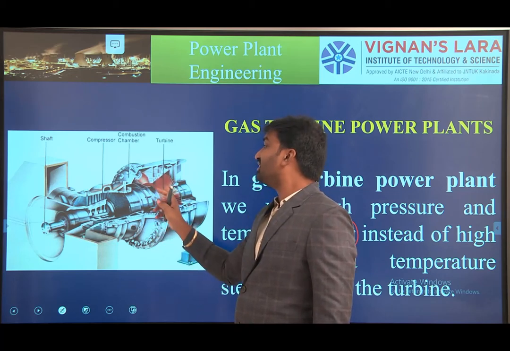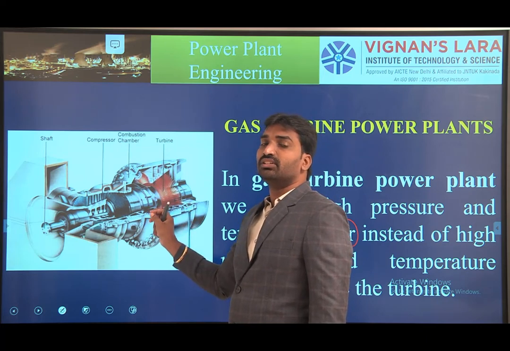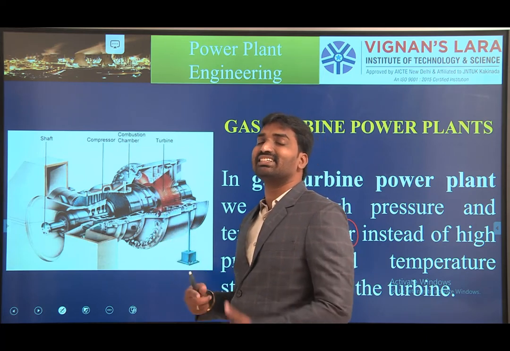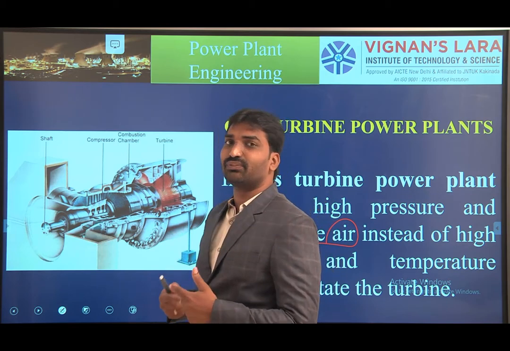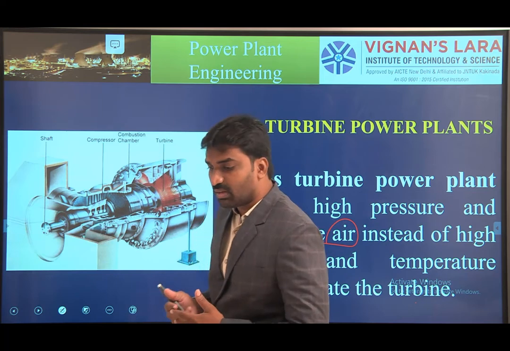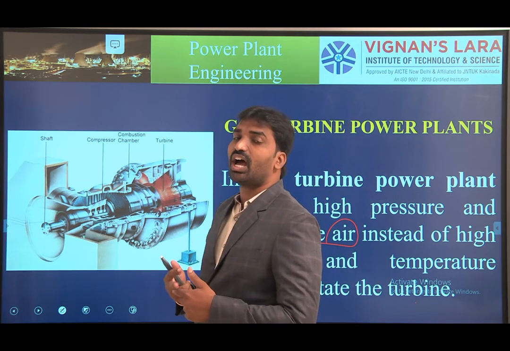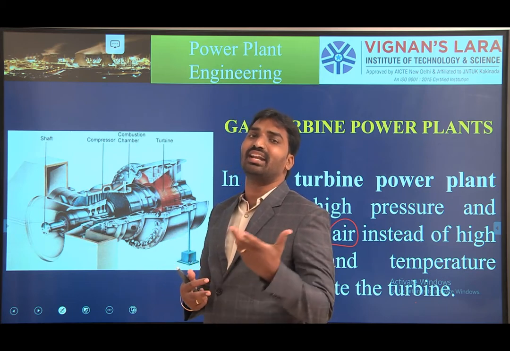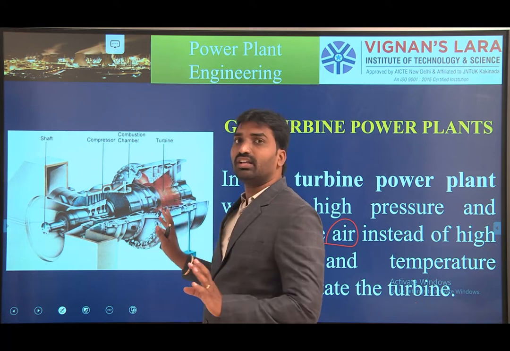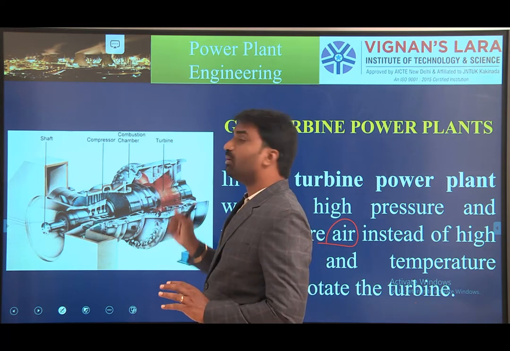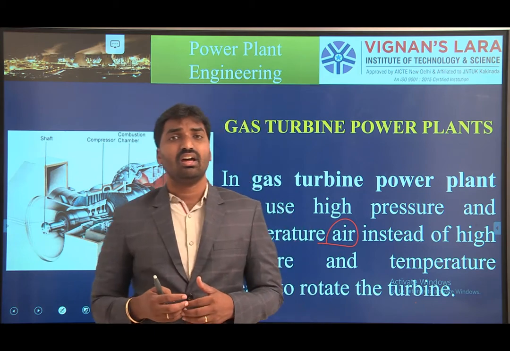Because it is operated by high temperature and high pressure gas, it is called a gas turbine. The turbine operated by steam is known as a steam turbine, and the turbine operated by water is known as a hydraulic turbine. So based on the working fluid we can name the turbines. Here we generate the mechanical energy.